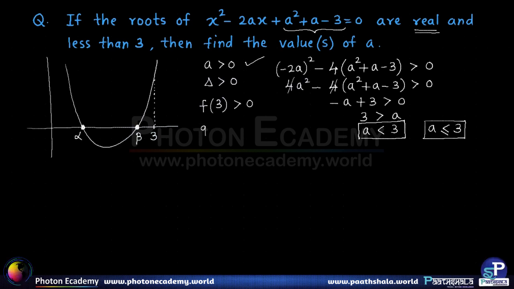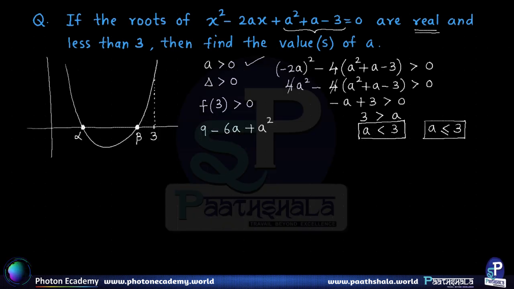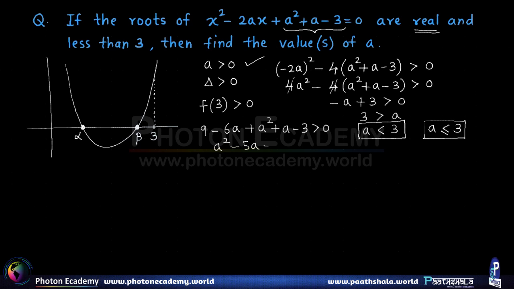So 9 minus 2a into 3, which is nothing but 6a, and the rest of the expression in a will appear as it is. Now this we want to be greater than 0. So therefore we have a square minus 6a plus a is minus 5a, and 9 minus 3 is plus 6, which is greater than 0.